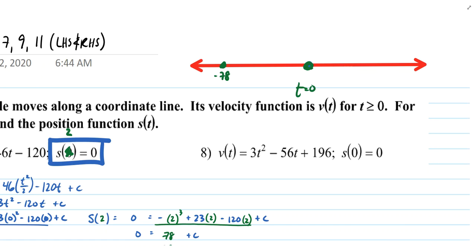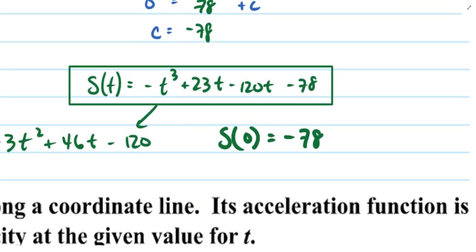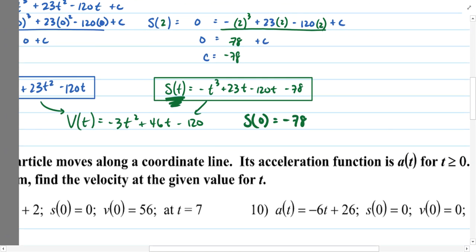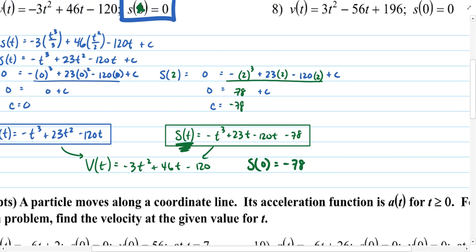But determining the other positions, where the particle is at any other given time, that would require a little bit of investigation, and that's essentially what we've done here. We've investigated and analyzed the equation and established a new equation that tells us the position of that particle at any given time, not just at time 0 or time 2 in this case.